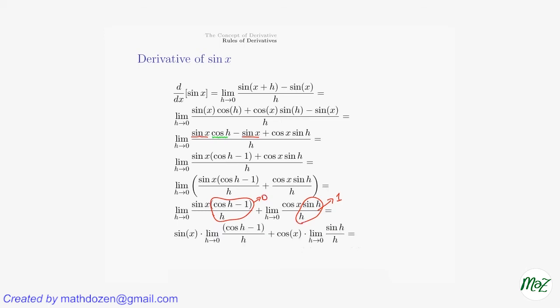So before we do that, we can factor out sine x, and we can factor out cosine x. And then remember that the limit of cosine h minus 1 over h is 0, and the limit of sine h over h is also equal to 1. So we have sine x times 0 plus cosine x times 1, which is cosine x. That's the derivative of sine x.